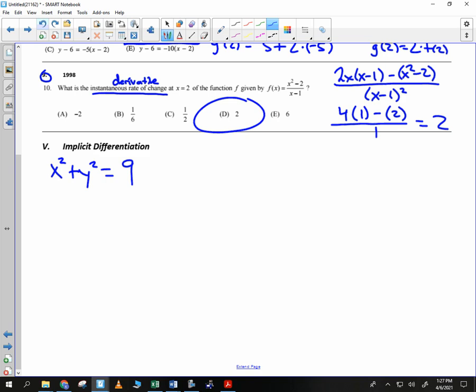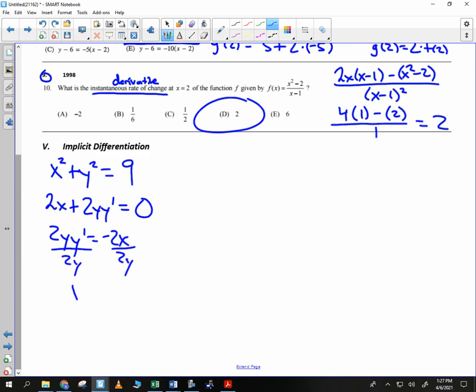What's the derivative of x squared? 2x plus derivative of y squared, 2y, y prime is equal to derivative of 9 is 0. So I subtract the 2x and I get 2y, y prime is equal to negative 2x. I then divide by 2y. I get y prime is equal to negative x over y. Good?